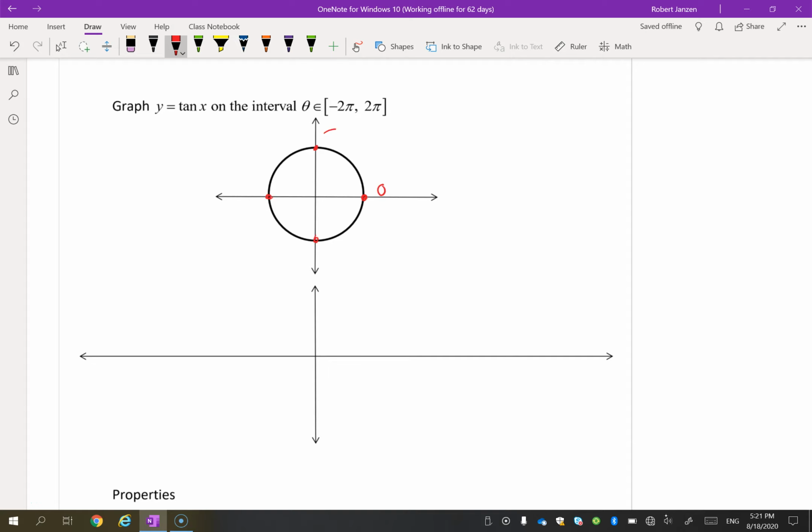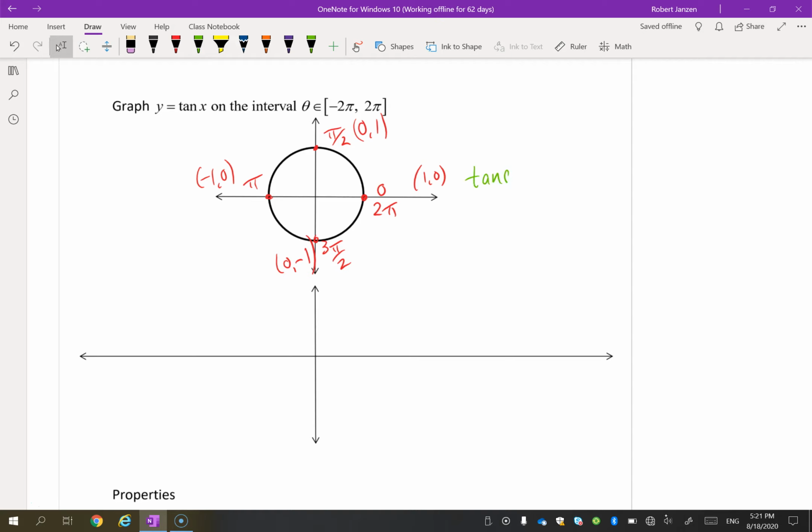So if we have our radians, 0, pi by 2, pi, 3 pi by 2, 2 pi, and if I remember the values, they're 1, 0, 0, 1, negative 1, 0, 0, negative 1. Now what is tan? Well, tan is always sine over cos.